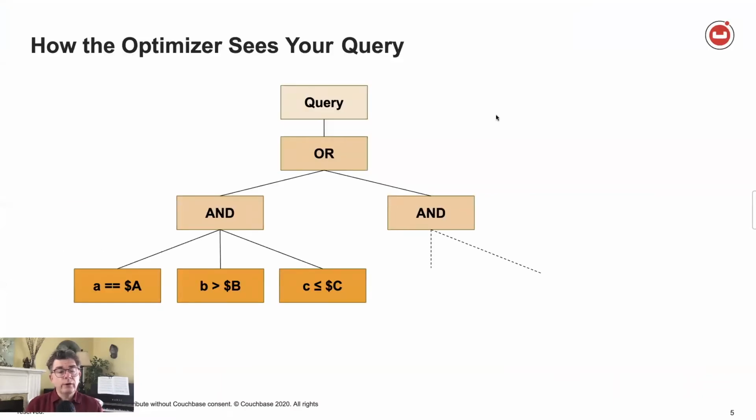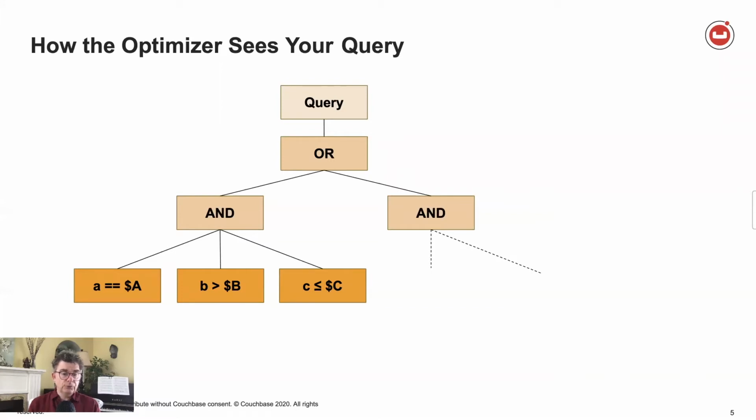All right, the query optimizer looks at your query as a parse tree, basically. And it will try to structure, especially the where clause, the thing that tells it what documents to look at. It's going to break that up into a series of AND-connected clauses, or conjunctions, and there's going to be zero or more of these.